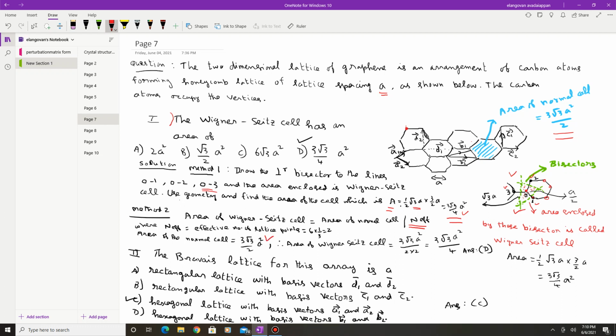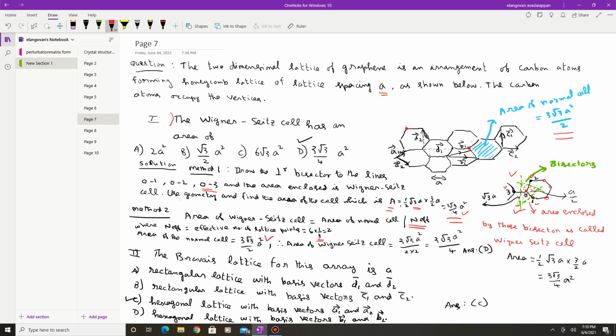Then let us find n effective, the effective number of atoms corresponding to the particular cell. If you take any one atom, three neighboring cells share this atom, so the contribution to a particular cell is 1 by 3.